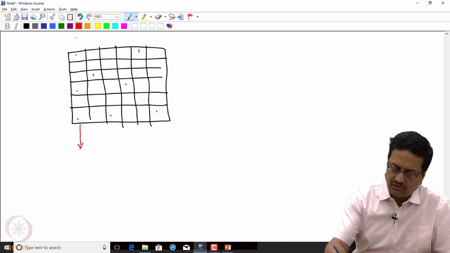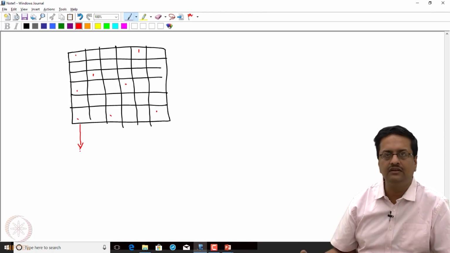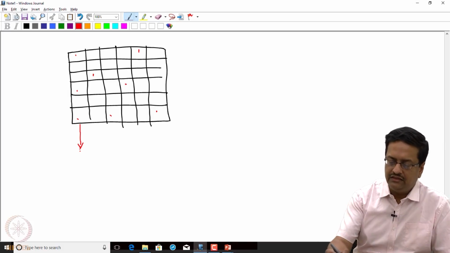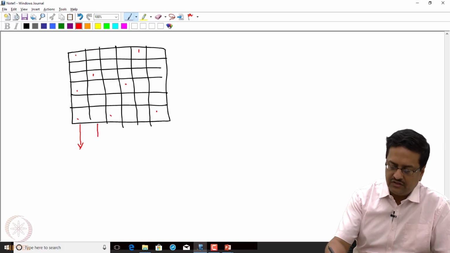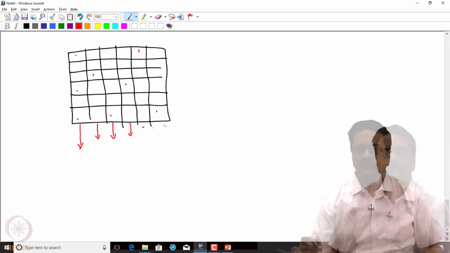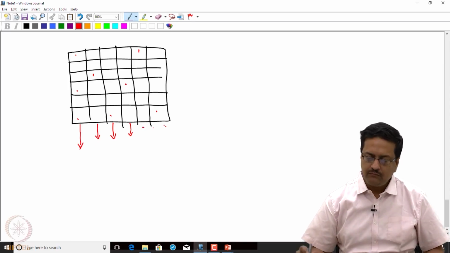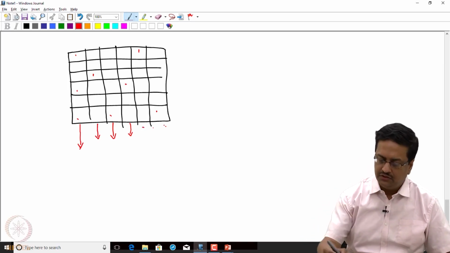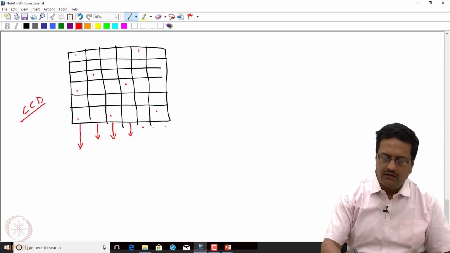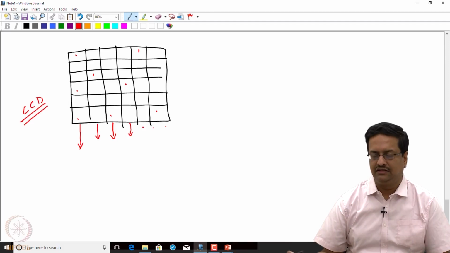Once all the photosites in one column have been read, then the second column is read, then the third, fourth column, and so on. So this process takes a certain amount of time. That means reading out the data from each and every pixel for a CCD takes a longer time because the readout happens column wise and not simultaneously.